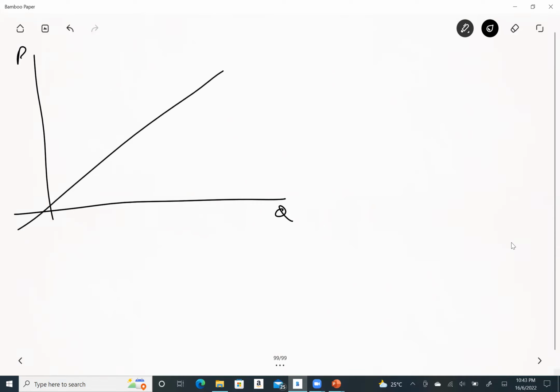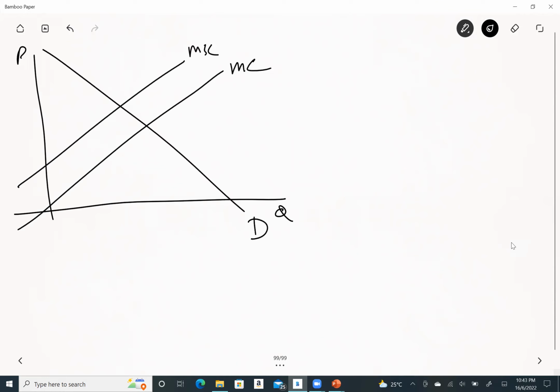You sketch the graph: that's the price, that's the MC, and that is the MSC. That's the demand. So you find the social equilibrium. That is easy, you know.